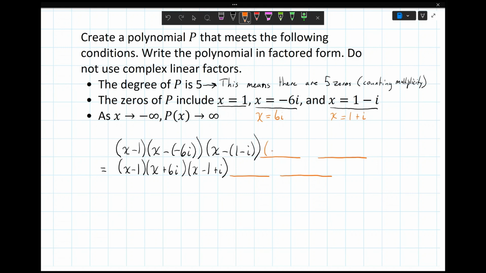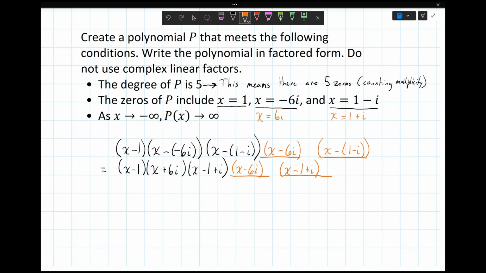So that gives us 2 factors of x minus 6i and x minus 1 minus i. I can simplify that second factor to give us x minus 1 plus i. So we're really close to being done.